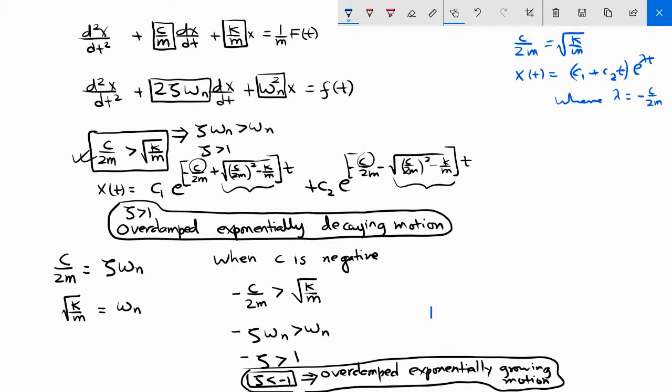So first of all, let's see how this relation can be written in terms of the damping ratio. So we can write this as damping ratio times the natural frequency is equal to the natural frequency. So this is damping ratio equals to 1.